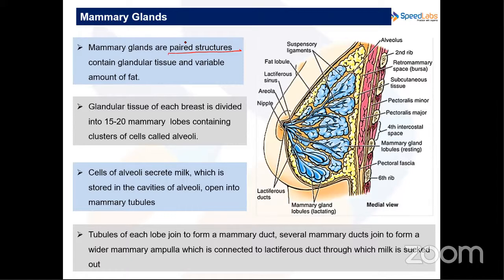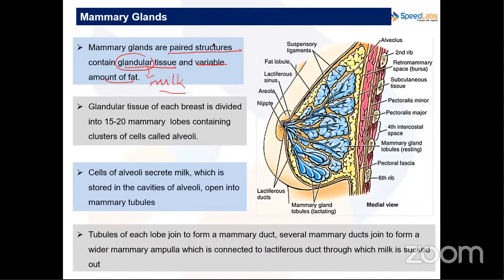They contain glandular tissue and variable amount of fat. What do you mean by glandular? Glandular means they have glands that secrete milk. And variable amount of fat means the fat content in the mammary gland is not same in every female. It varies.